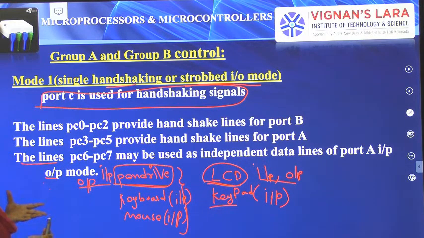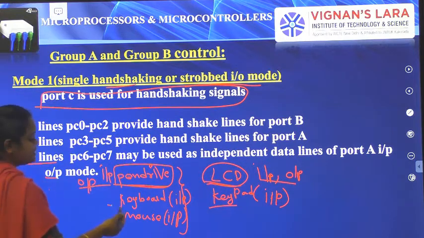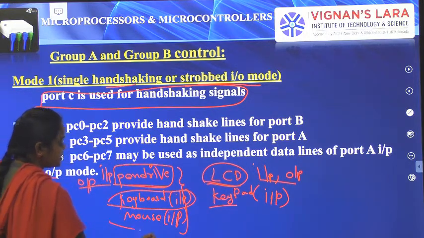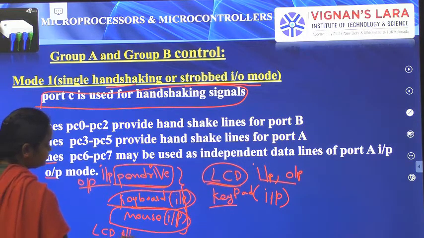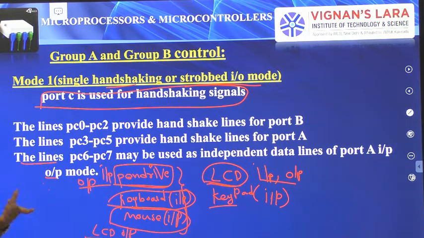So in mode 1, I program the LCD like that, so that the device acts as an input. Port C is used for handshaking. The keyboard acts as an input, the mouse acts as an input, or the LCD acts as an output. In mode 1, we provide only a single handshaking signal.